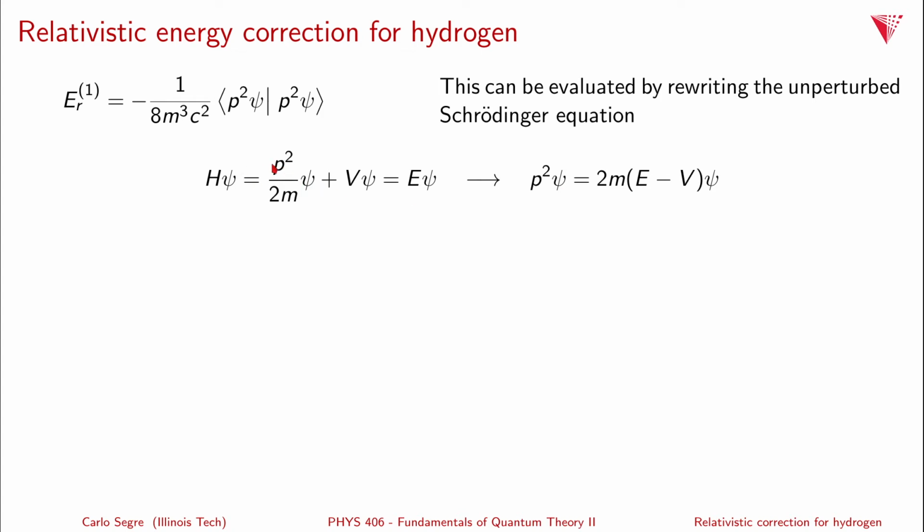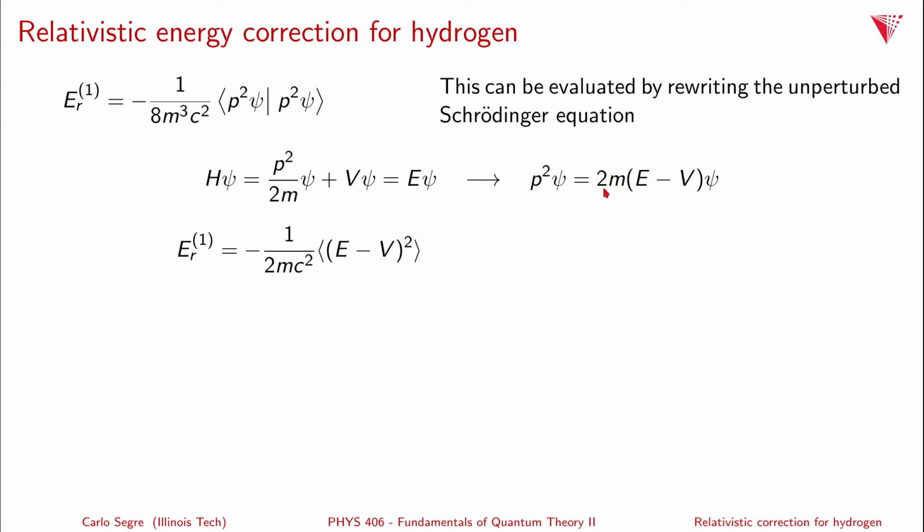So the operator p squared applied to psi is equal to 2m times E minus V, all times psi. And so that says that the first order relativistic energy correction is minus 1 over 2mc squared. Take this out, right? Then we have the expectation value of E minus V quantity squared.